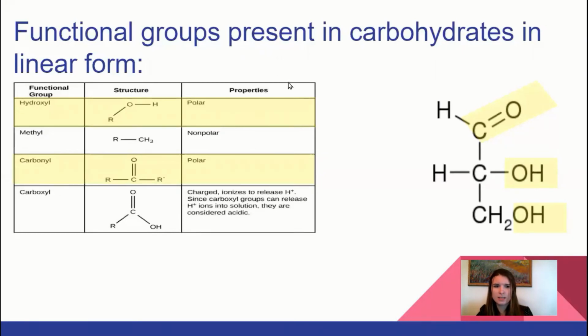We're also going to see some double bonds, carbon to oxygen. So here we see one here, carbon double bonded to oxygen. That's our carbonyl group. So we'll note here that both of these are polar functional groups, I should say. So these polar functional groups on carbohydrates are going to give carbohydrates polar properties, which is going to be important as we think about how they interact with water.